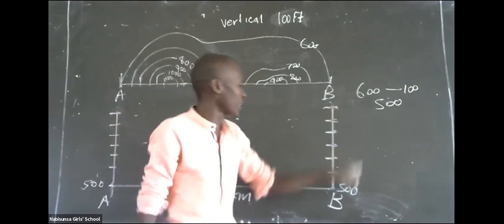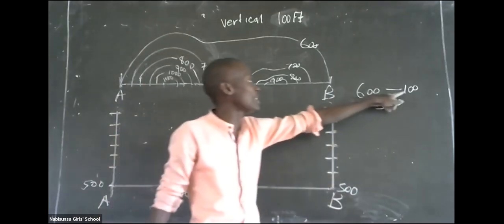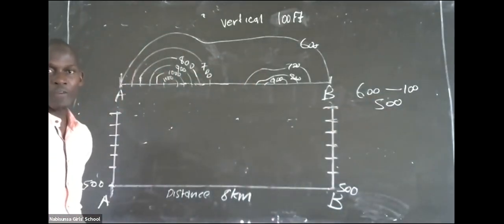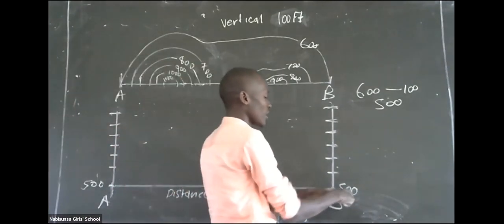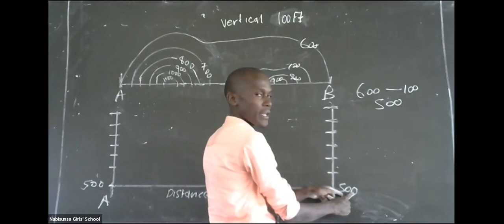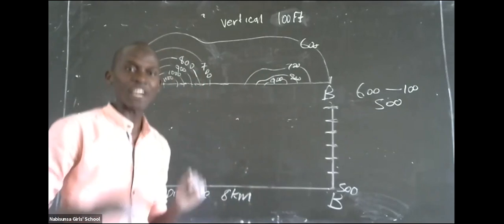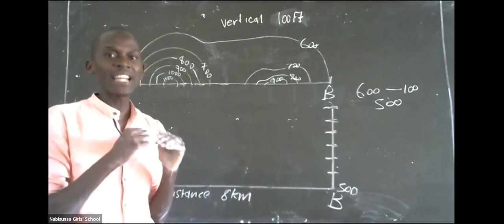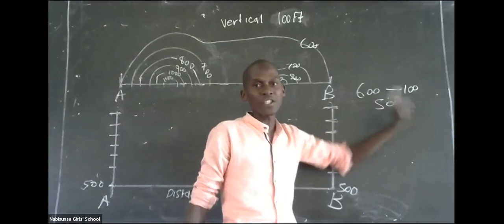So instead of writing 600 here, we go a step down, but that step is always the vertical interval. Have you got what I'm trying to say? Yes. We would have put 600 here, but although we appreciate you are the shortest, we don't want to undermine you. Let us go just a step to pretend that now you have some height. But that step we go, we use the vertical interval.